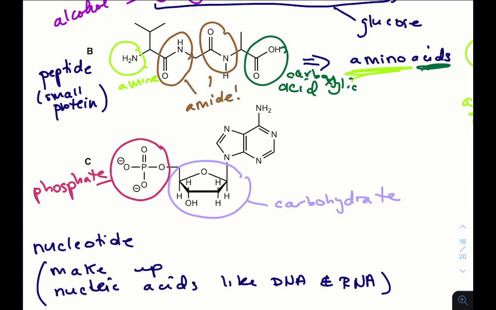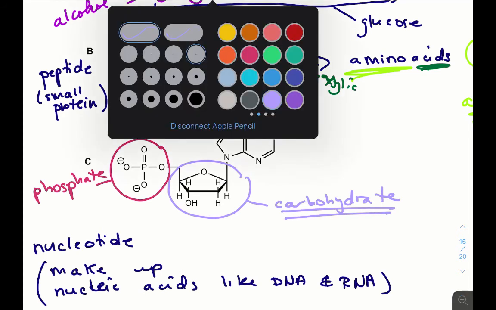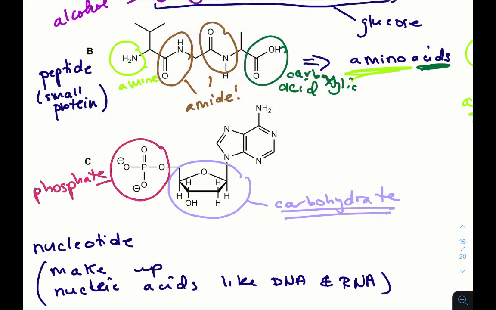And whether or not this is DNA or RNA depends on that carbohydrate. And it depends on this carbon right here. The D in DNA stands for deoxyribose. The R in RNA stands for ribose.